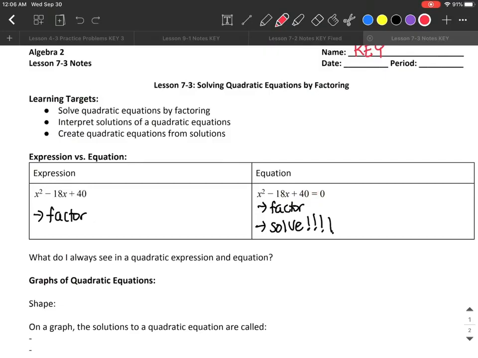So the difference between an expression and an equation is that an expression has no equal sign, and an equation has an equal sign. And when I see an equation, I need to make sure I'm solving it as well as factoring. You can remember that equation has an equal sign by it starting with equa, which is almost equal.